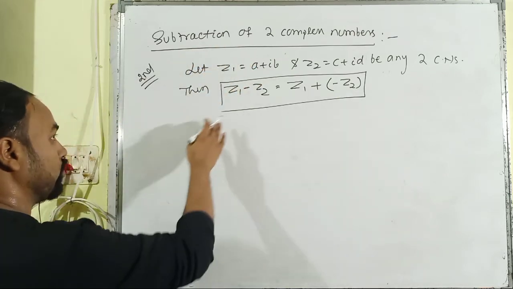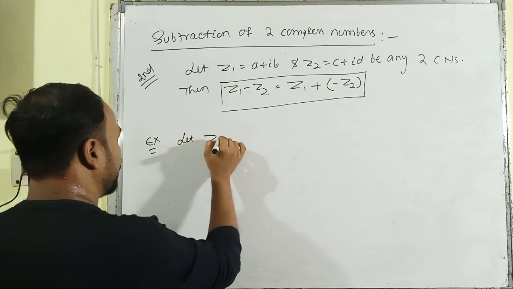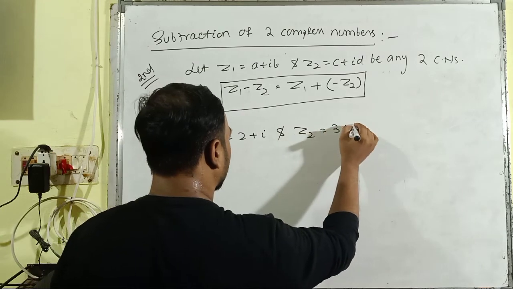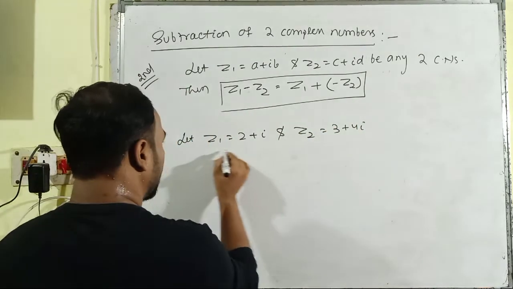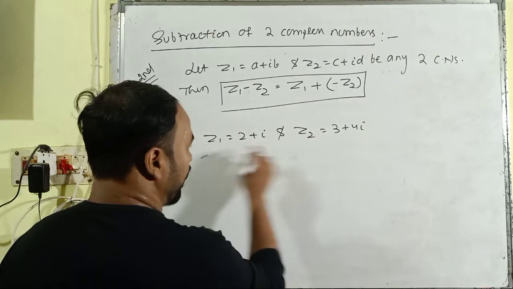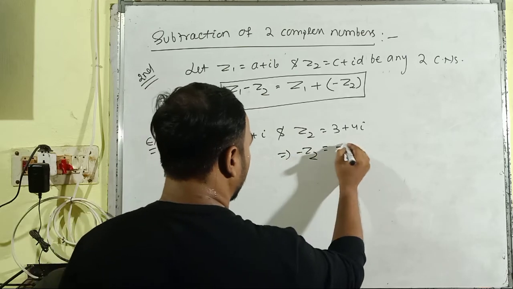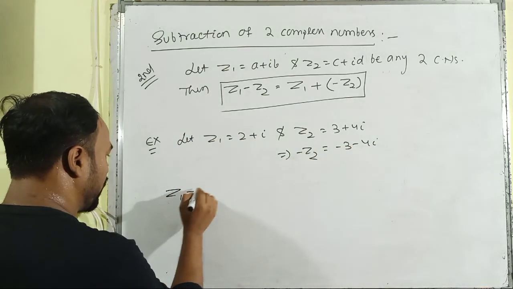Okay, let us go through this by taking the help of an example. Let Z1 is equal to 2 plus i and Z2 is equal to 3 plus 4i. Okay, then we have to find out minus Z2 here. That implies minus Z2 is minus 3 minus 4i. And then we can find out Z1 minus Z2.